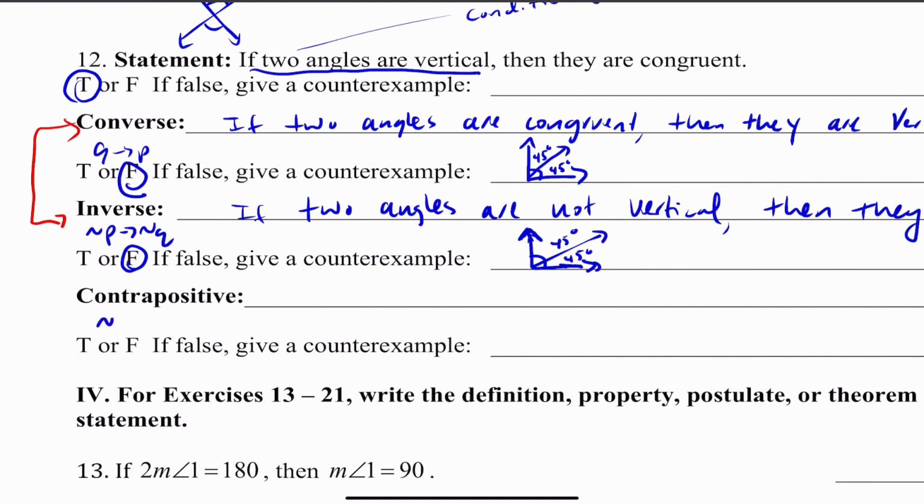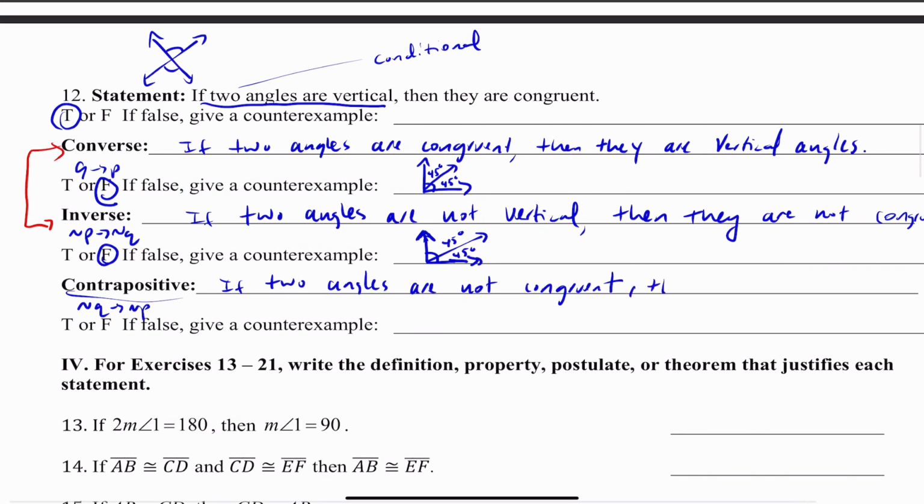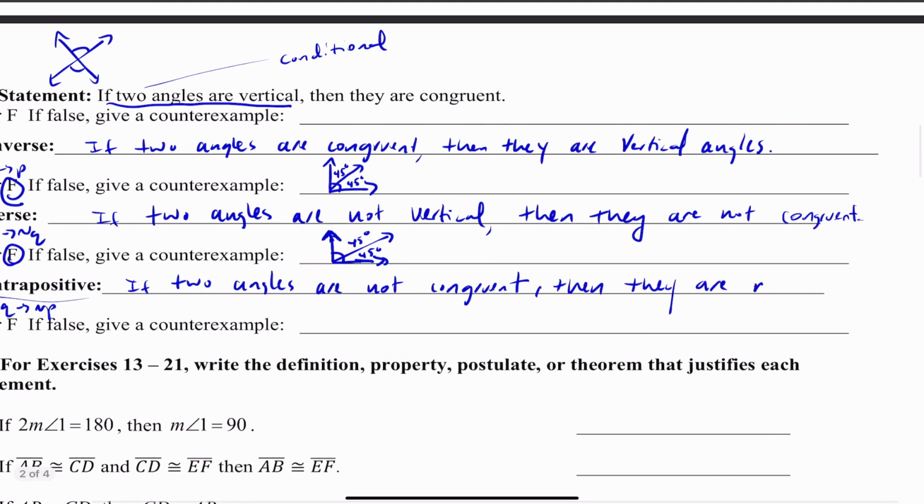Okay. So contrapositive, by the way, is not Q, not P. So if two angles are not congruent, then they are not vertical. That's true.